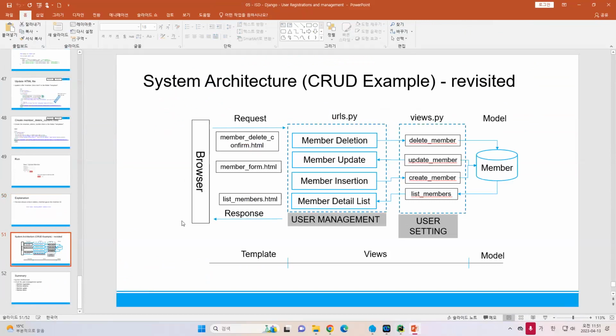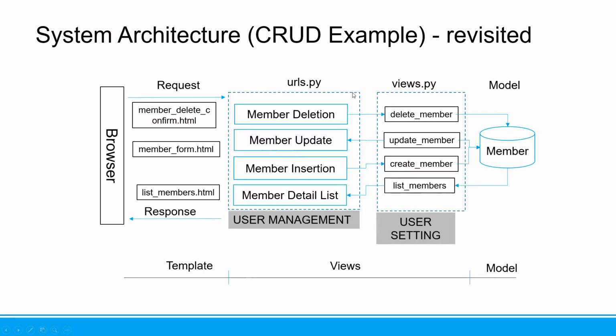So this is the system architecture. When you write the proposal, maybe you cannot figure out the details of this system architecture. But at the final report, you need to write down what kind of function, what kind of files that you use for your system.